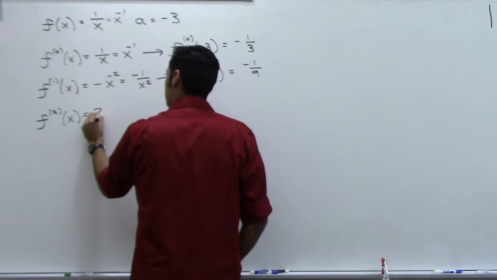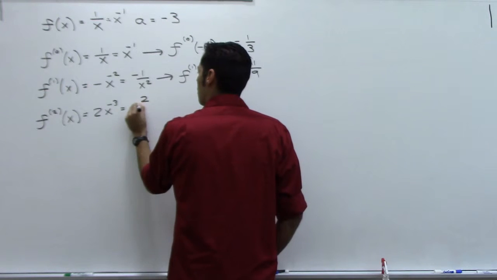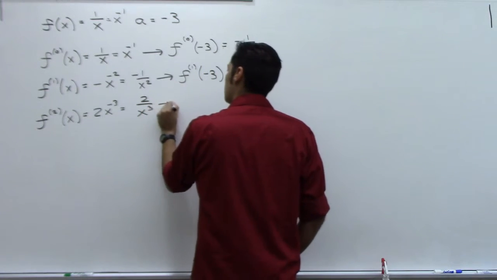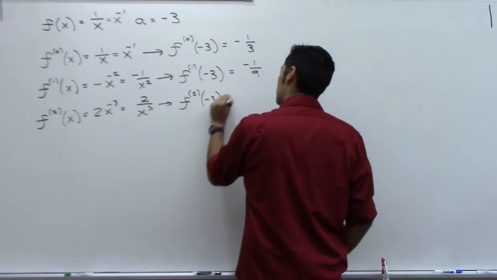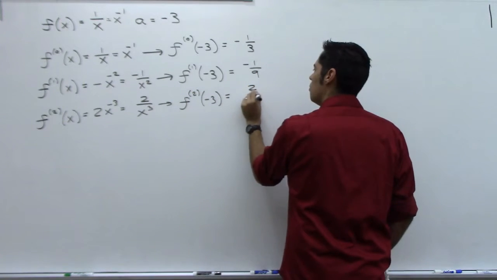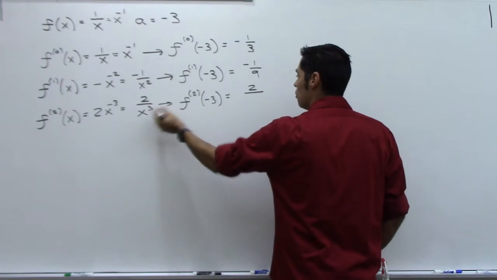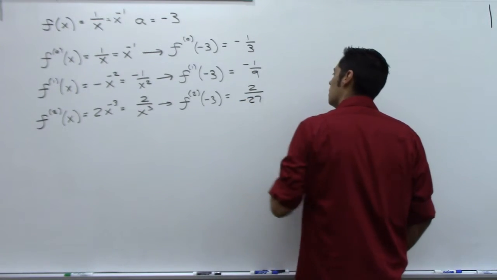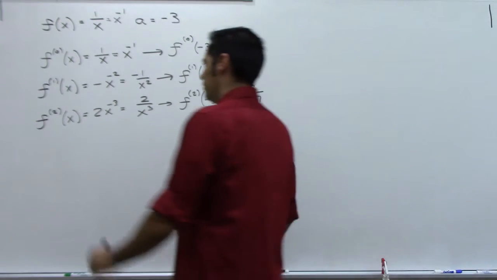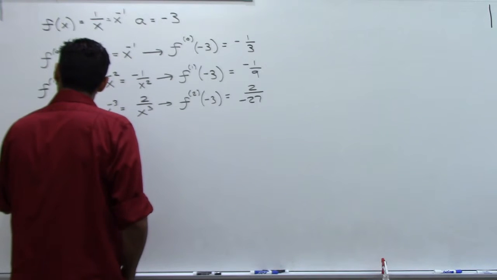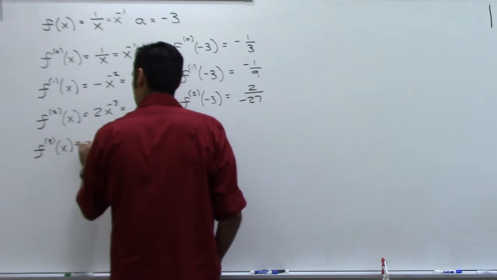So we get 2x to the negative 3, which is going to be 2 over x cubed. So when we plug in negative 3, we get 2 over negative 3 cubed, which is negative 27. So far, they're all negative.